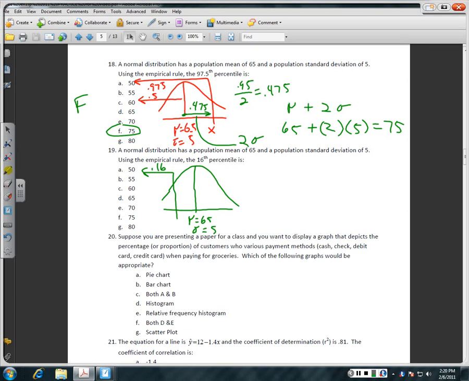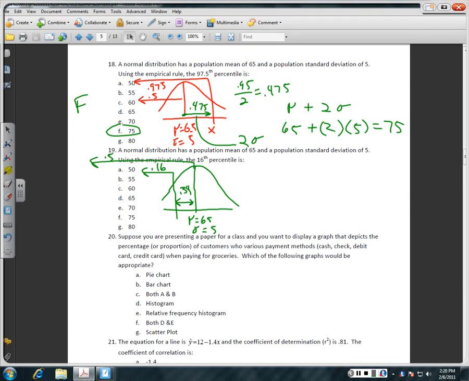Now the empirical rule tells us the mean plus or minus so many standard deviations. Let me go ahead and put one other thing here. We know from here down is 0.5 of the data. So that means, remember, we can only go from the mean to some point, that this area is 0.34.